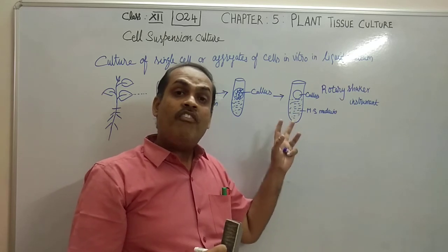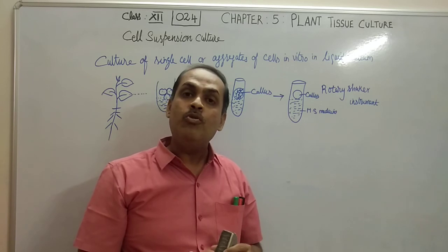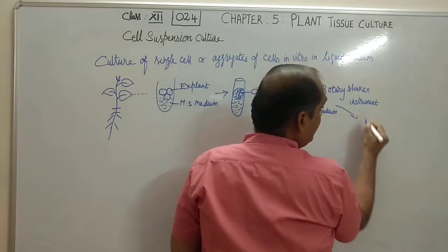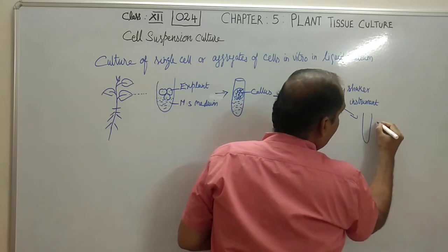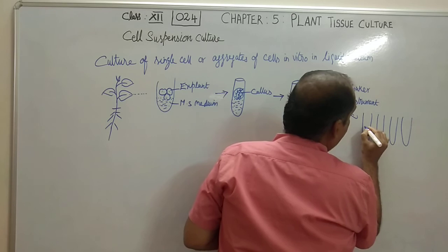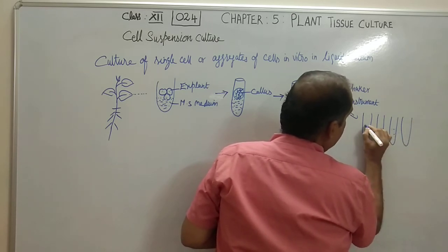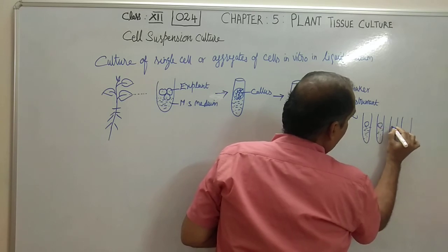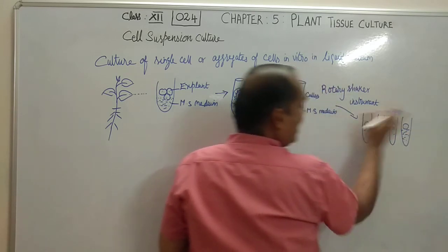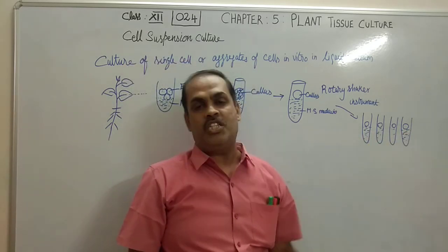The cells that are found in the callus will get separated and these cells can be used for cell suspension culture. So, I will be getting many cells. I can take all these cells in different test tubes and place them in a liquid medium. These cells can be used in cell suspension culture.